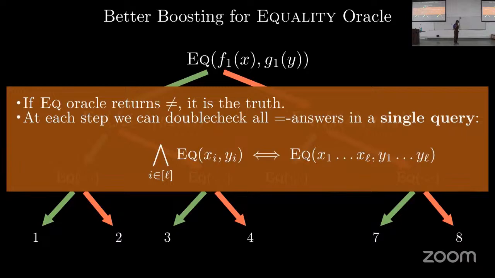It's that we can check whether the equality is true by performing just one equality query. So if we want to double check our previous equality answers, we can just concoct two strings, send them to the equality oracle and check whether all these queries were correct or not. Again, we might receive an error, but we will deal with this in a minute.